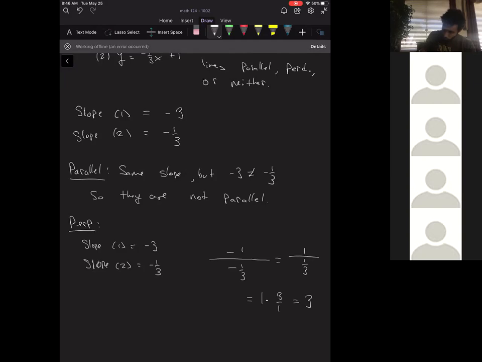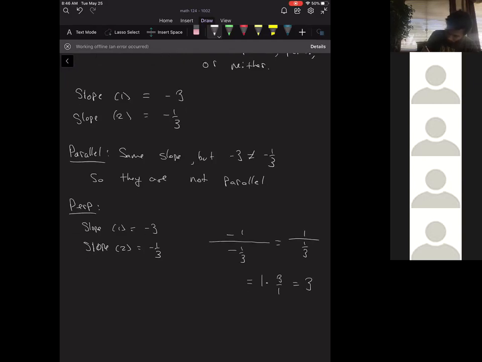So for these lines to be perpendicular, we need the slope of the first line to be equal to minus 1 divided by the slope of the second line.